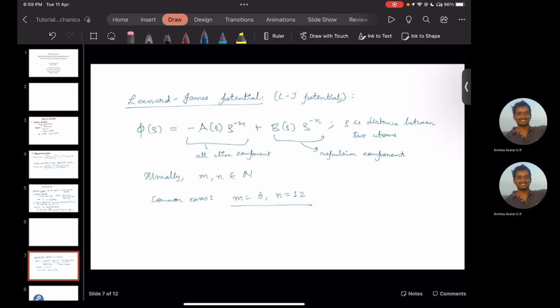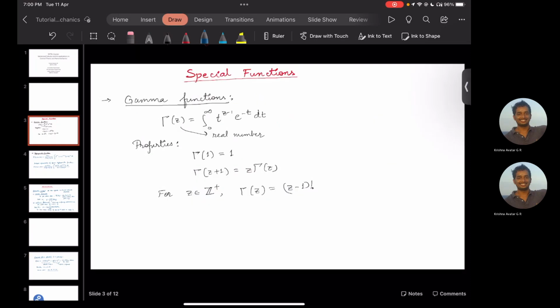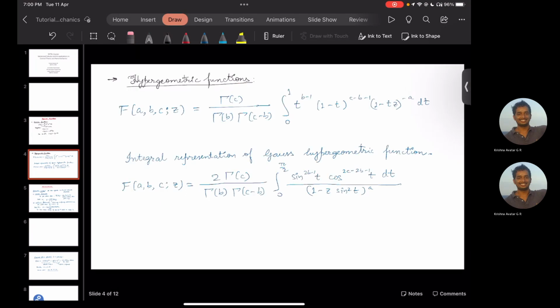So I think we have covered the necessary ingredients that we need to solve the problems in this tutorial session. We went through the gamma function and discussed a few properties.